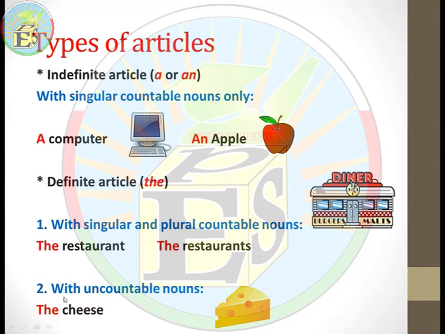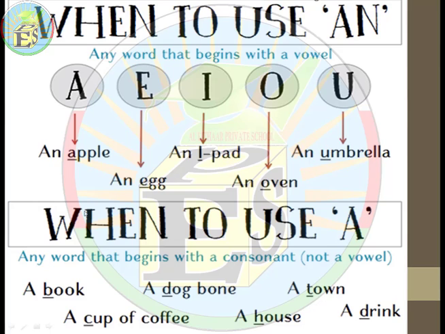so right now let's move to describe when do we use an, the article an, and when do we use a. Alright, so any word that begins with a vowel, and here are the vowels that we have in English. We have 5 vowels only in the alphabet.